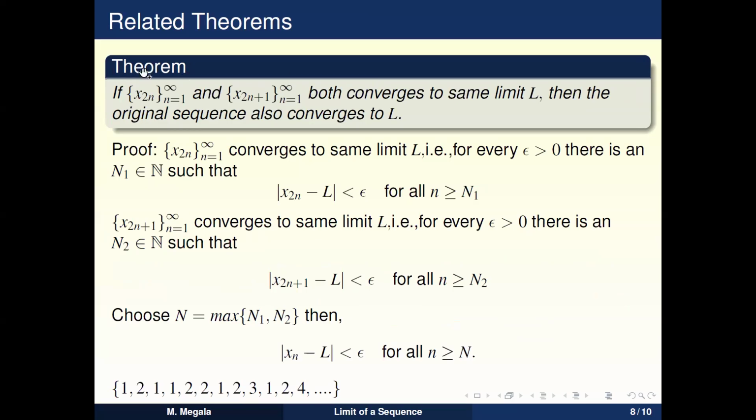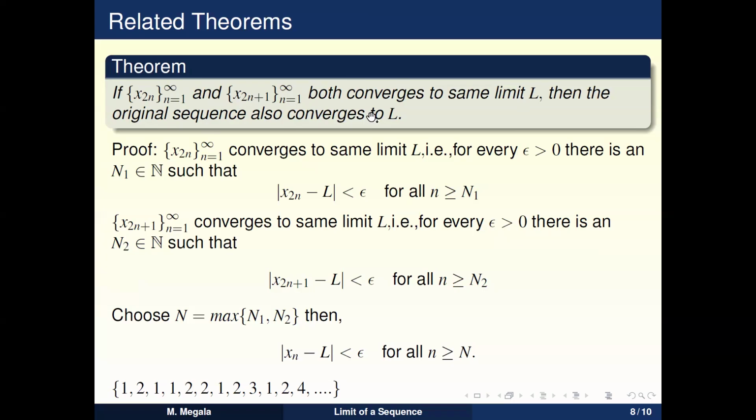If you take all even terms as one subsequence and all odd terms as another subsequence, and both converge to the same L, then you can say the original sequence also converges to L.